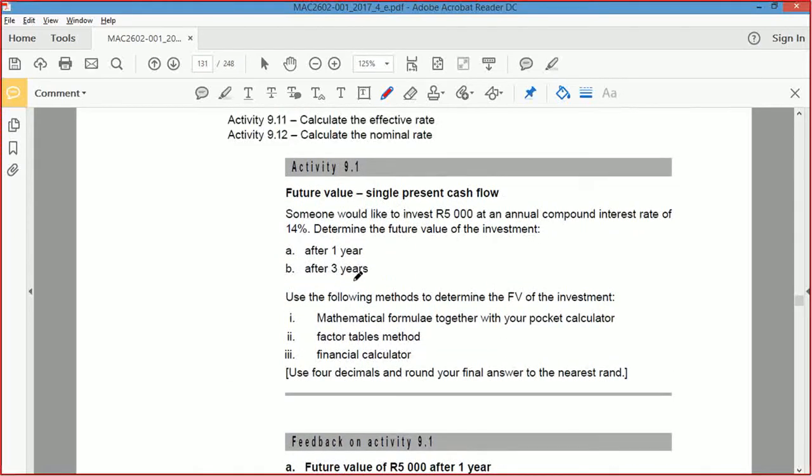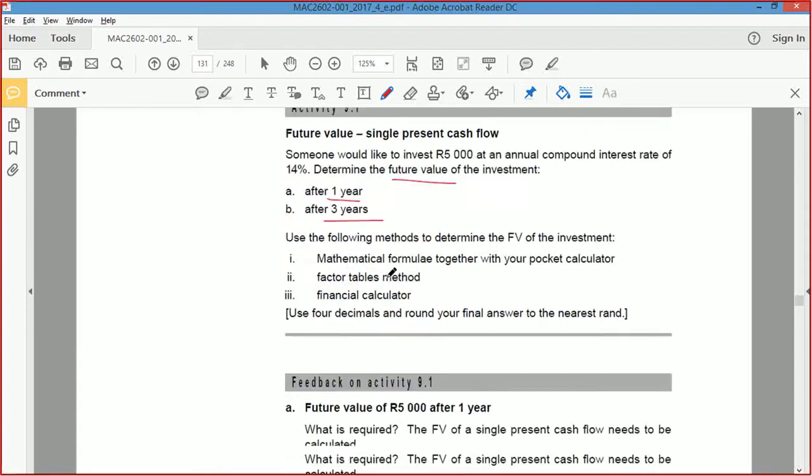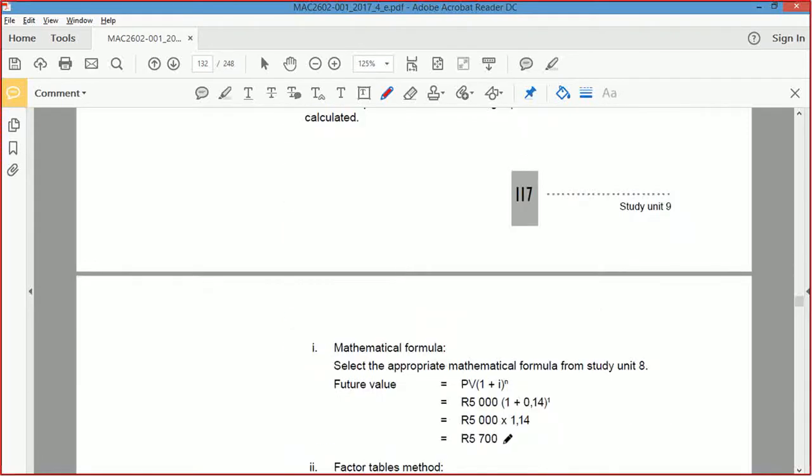Okay, there's one. I want to know what the future value is after 1 year and 3 years. Quickly grab the calculator, plug in the values, tell me what you get. 5,000 present value and 14 is I, for 1 year. Future value after 1 year is 5,700.